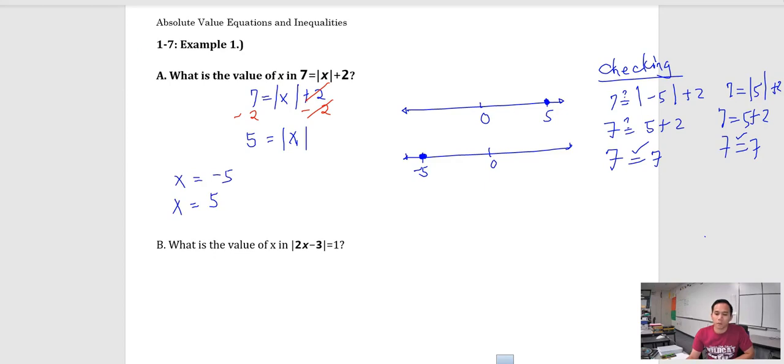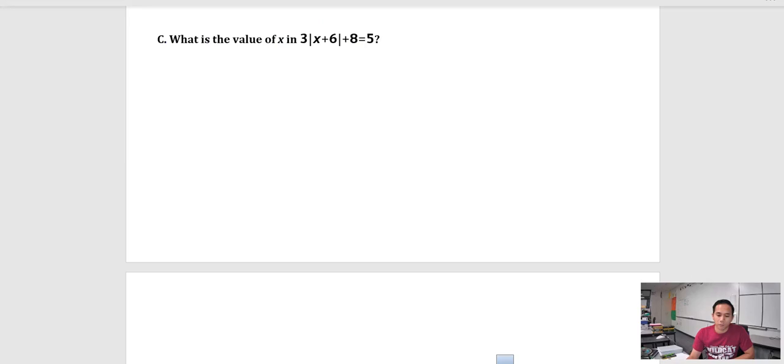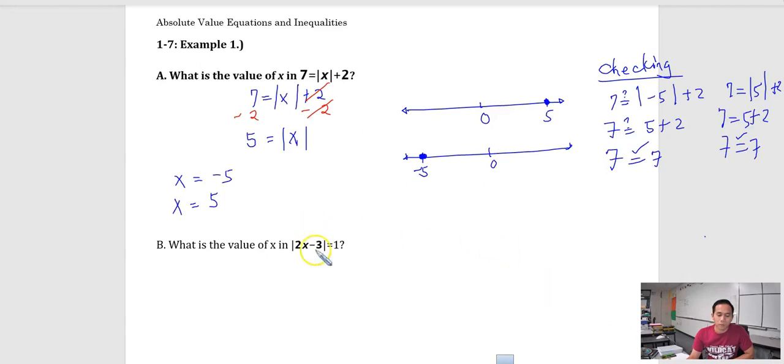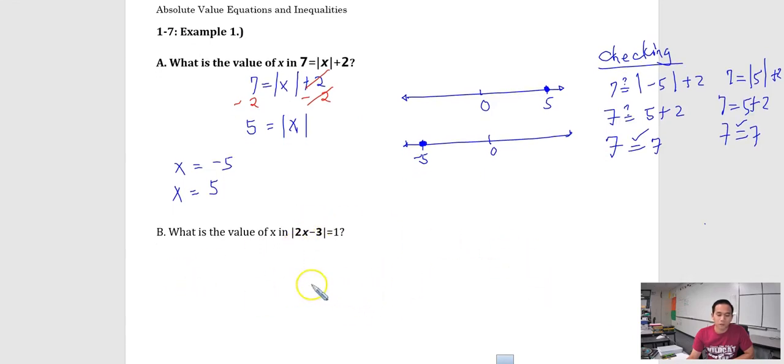Next example, let's say B. So let's start here on B. What is the absolute value of x in absolute value of 2x minus 3 is equal to 1?